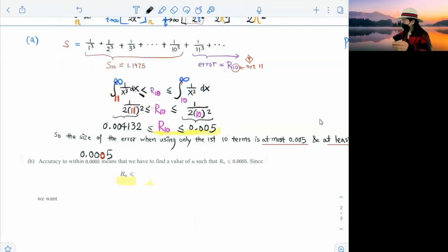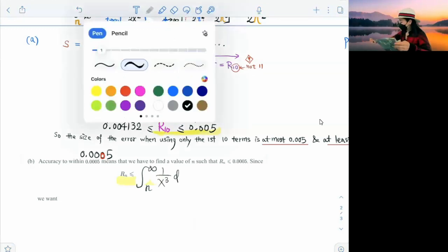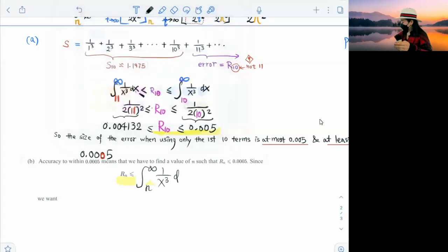The integral, let me write it down. The integral from n to infinity of 1 over x cubed dx, right? I'm going to make it bigger.